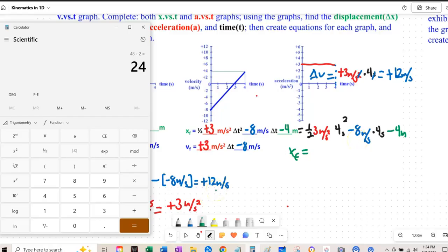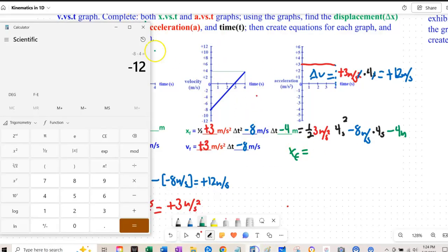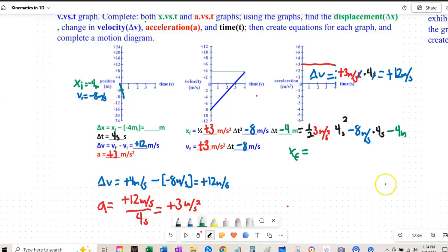So we're going to subtract from that 32, which is -8. So I just did all of this. And now we have to subtract from that 4. -12. So overall displacement of this is going to be -12. Our overall final position is going to be -12 meters.